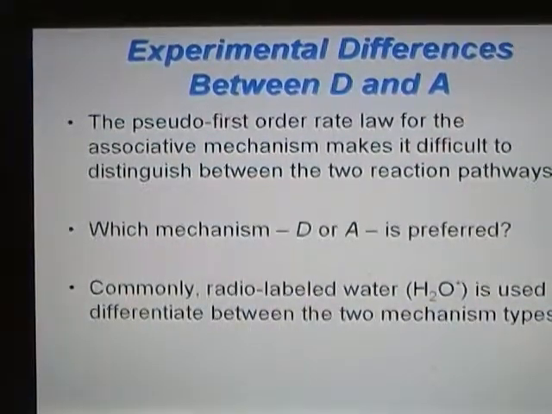So the experimental differences between D, which is dissociative, and A, which is associative, can really be thought of in three ways. The pseudo first-order rate law for the associative mechanism makes it very difficult to distinguish between the dissociative pathway and associative pathway. So which mechanism is preferred, dissociative or associative?